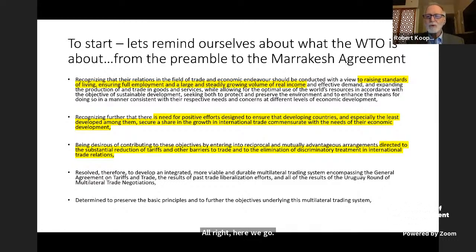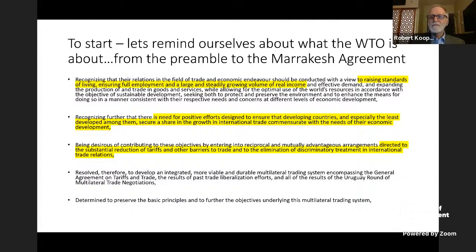I think it's important if we're going to think about inclusiveness. Alan's given you a very good overview of the economics. Since I'm at the WTO, I thought it would be useful to reflect on what's the mission of the WTO and the trade agreements. You can see in the slide, I've highlighted some of the elements of the preamble to the Marrakesh agreements creating the WTO.